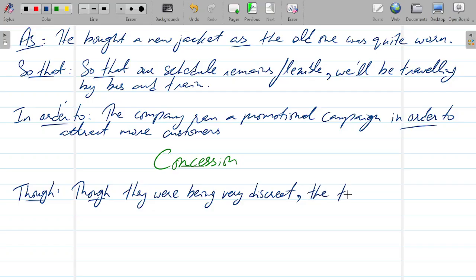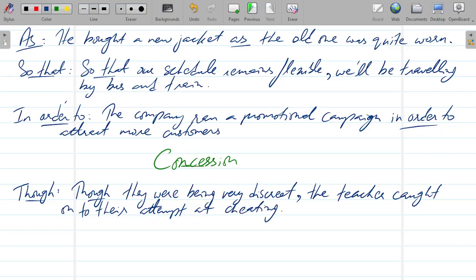The teacher caught on to their attempt at cheating. And I hope none of you are thinking, amateurs. Right? This is giving allowance to the fact that they tried very hard, but they still got caught.